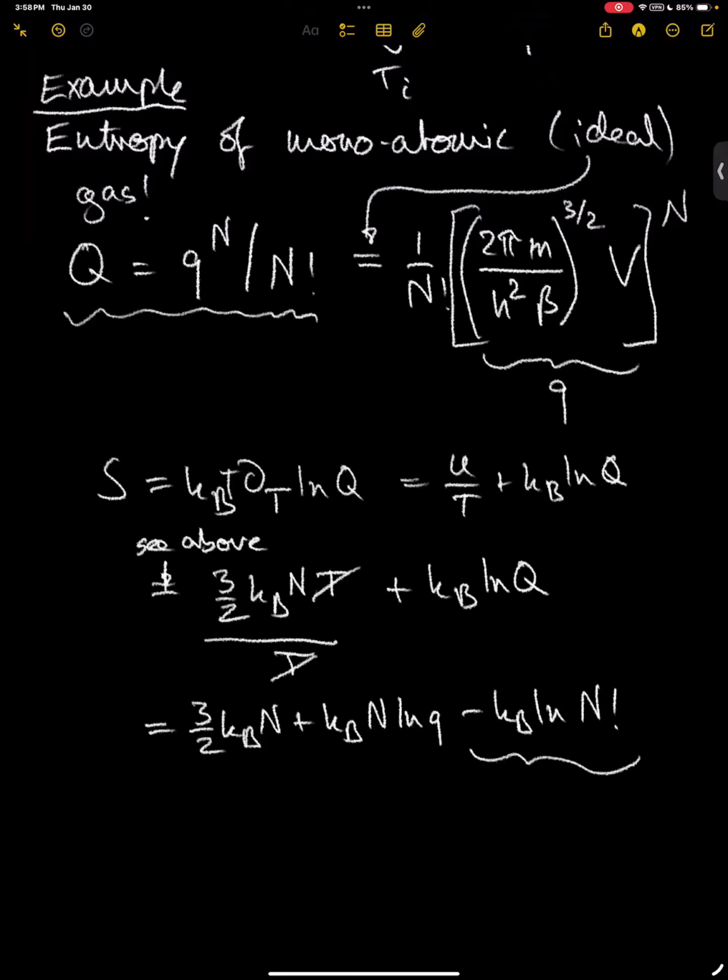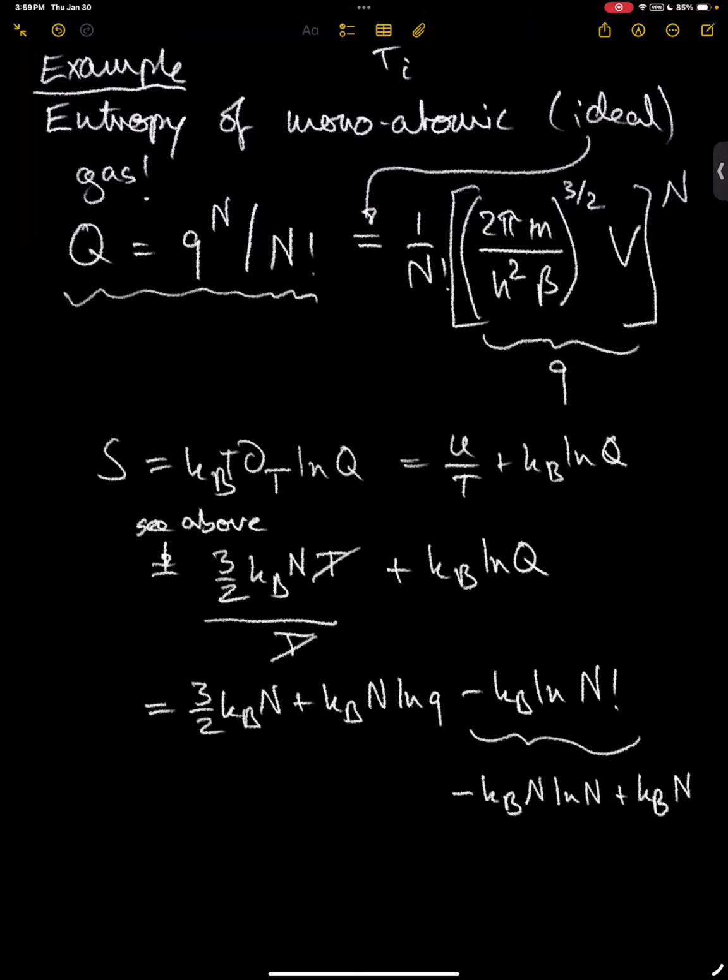And for this term out here, we can use again Stirling's formula. Excuse me, kB n logarithm n plus kB n. This is Stirling.